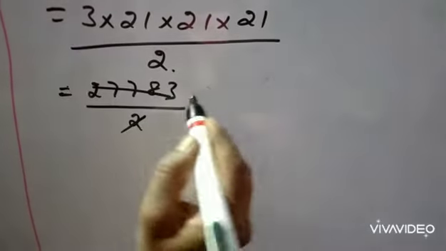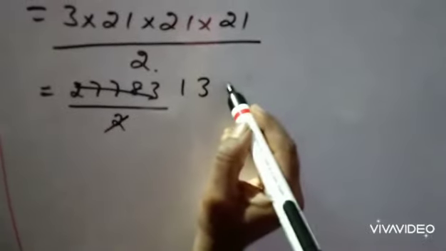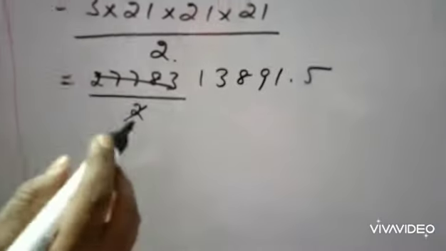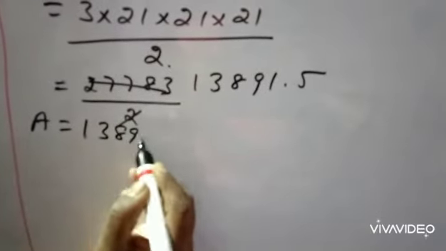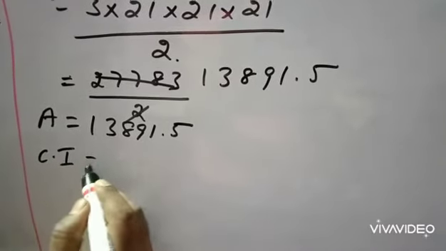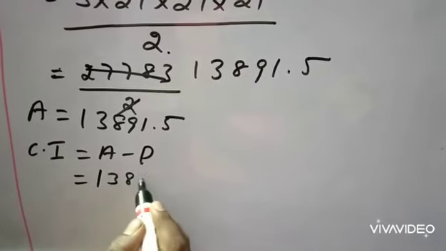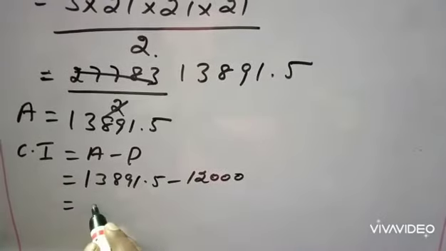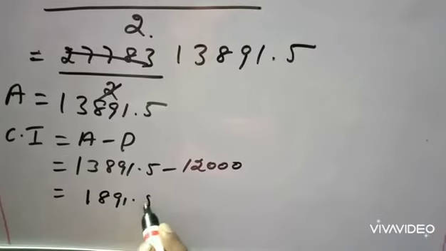So this we can divide, 13,891.5. So this is the amount, 13,891.5. So we need to find the compound interest. Compound interest equal to amount minus principal, so equal to 13,891.5 minus 12,000 equal to 1891.5.